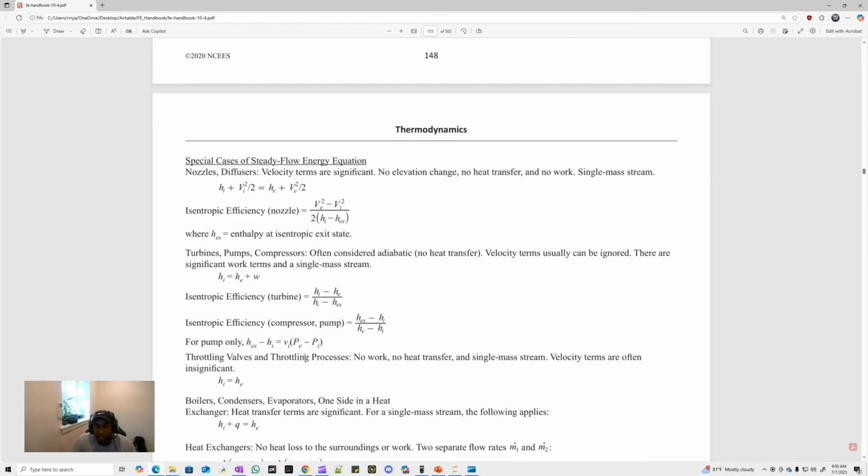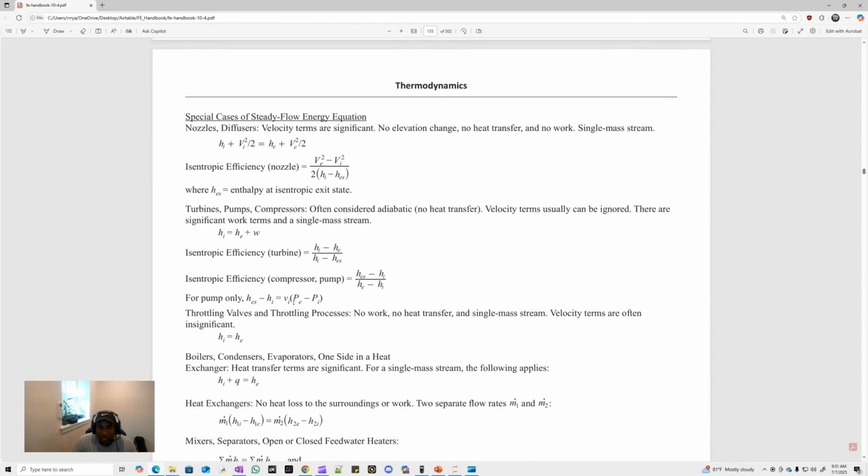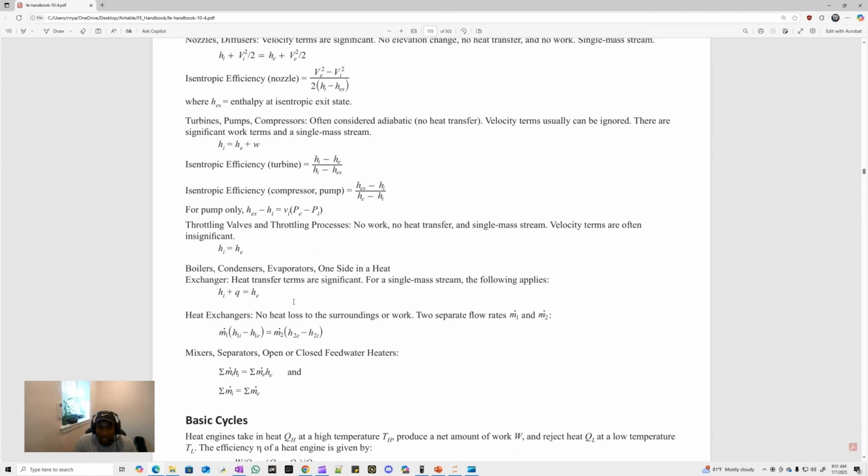So that's the equation that we use, and we understand fundamentally where that came from, that TdS relationship. And they highlight here the isentropic efficiency equations for a compressor, which is a work input device, just like a pump. And additionally, they highlight the isentropic efficiency for a turbine. So we can find all of this information right here.